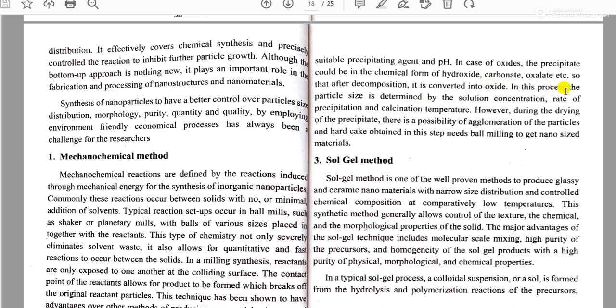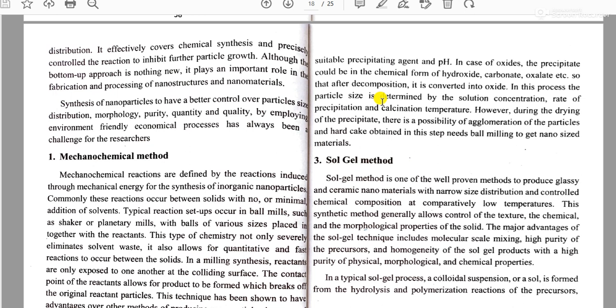So in this process, the particle size is determined by the solution concentration, rate of precipitation and calcination temperature. By adjusting the concentration of the stock solution, for example, if we want smaller sized particles, we can take a lesser concentration of the stock solution.